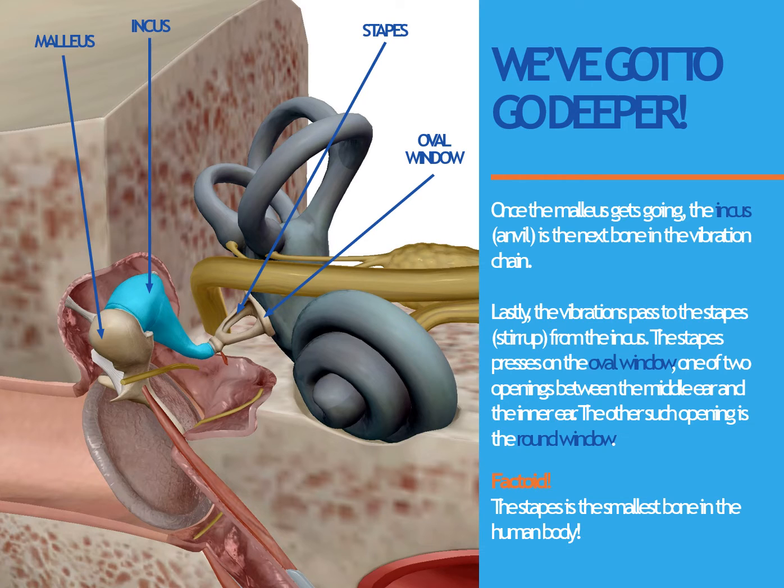Lastly, the vibrations pass to the stapes from the incus. The stapes presses on the oval window, one of two openings between the middle ear and the inner ear. The other such opening is the round window. Here's an interesting fact: the stapes is the smallest bone in the human body.